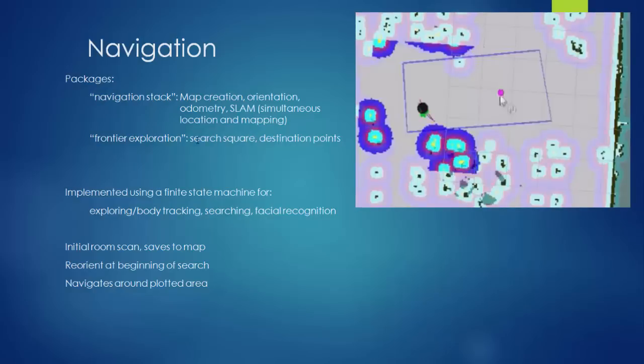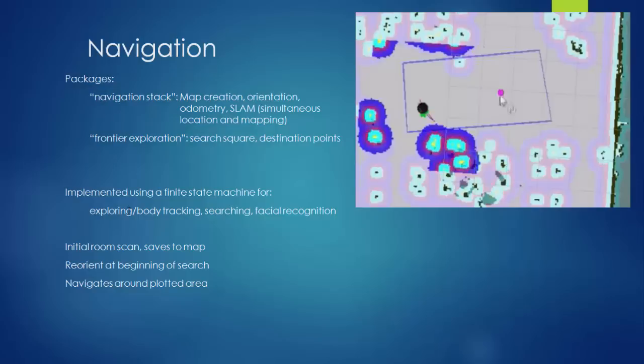The Frontier Exploration package allowed us to predefine this search square, which it would search for people inside of, and then allowed us to define these search destination points. Just to give you a general idea, this isn't exactly how we did it, but it's a very good representation.